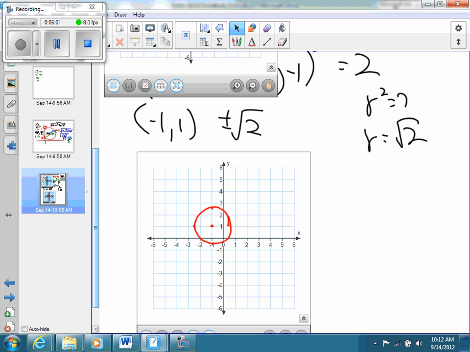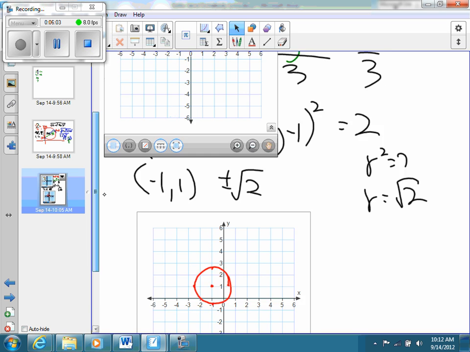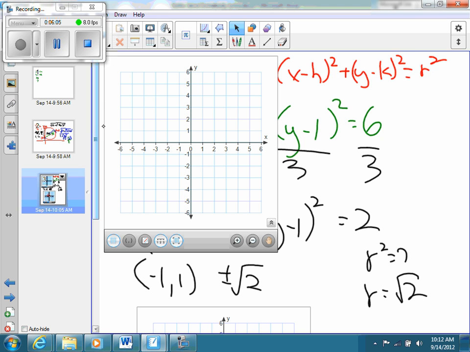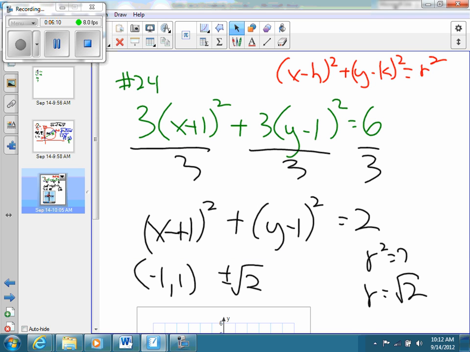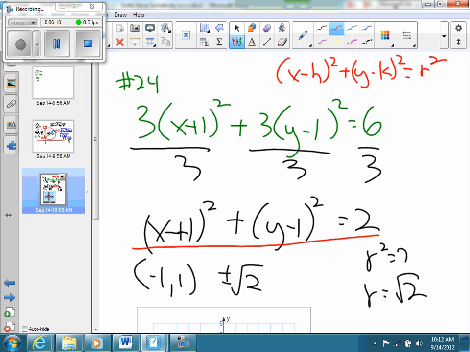Finding my intercepts, let's go to my original equation. Well, I simplified my equation by dividing by 3, so I can start using this one as my equation of the circle. I don't really need to go back to that one.